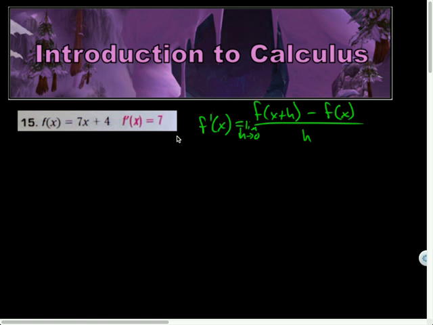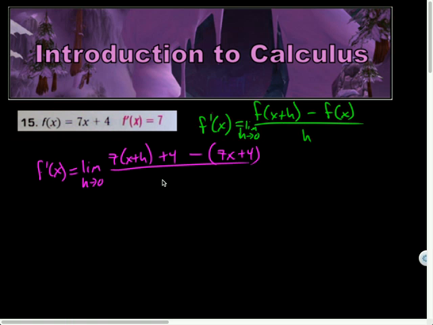So let's figure this out. What is f of x plus h? So f prime of x is equal to the limit as h, not x, h approaches 0, of f of x plus h, which would be 7 times x plus h plus 4, minus f of x, which is just this whole thing, 7x plus 4, all over h.